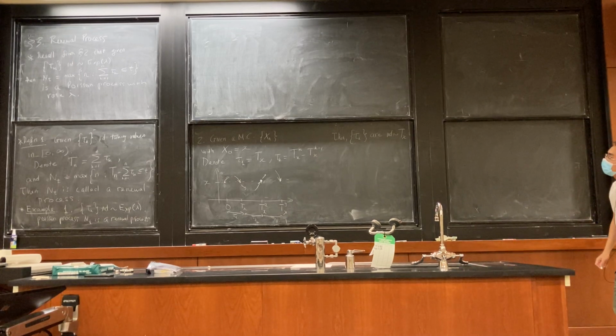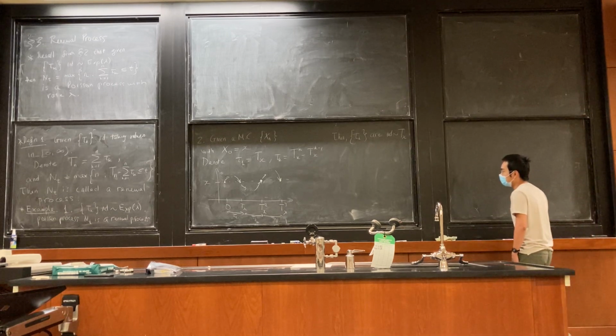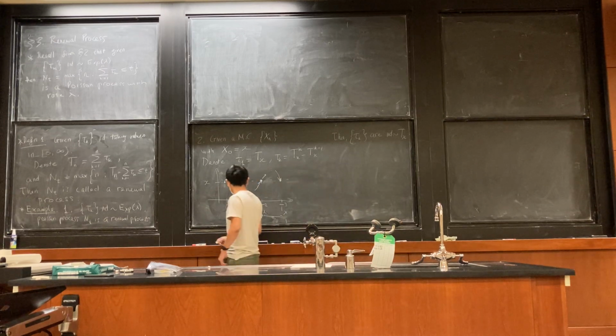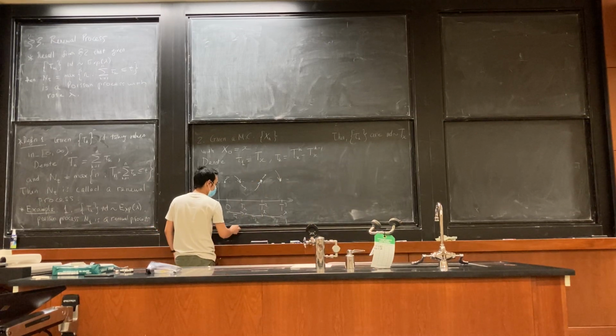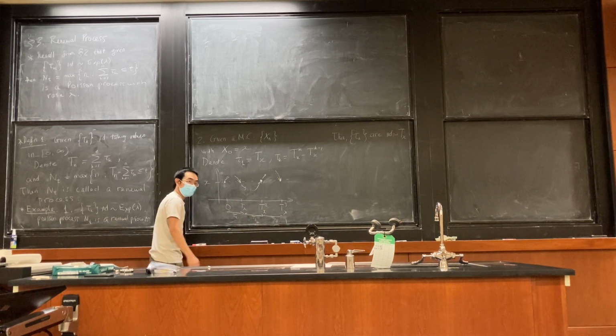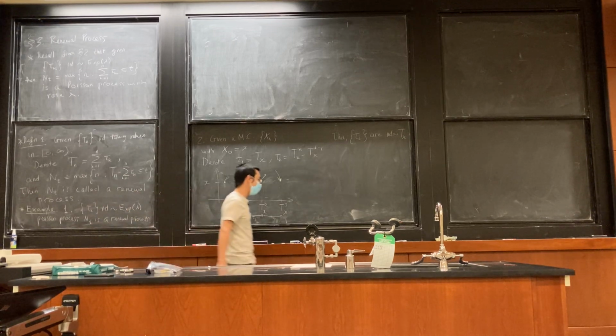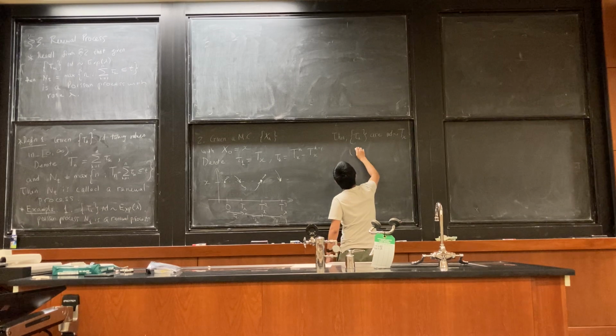Not really difficult to prove. The proof basically relies on the strong Markov property, I hope you still remember. If I condition on T_x, then tau 2 is basically the first time I return to x, which is the same as tau 1. So I will leave that as an exercise.